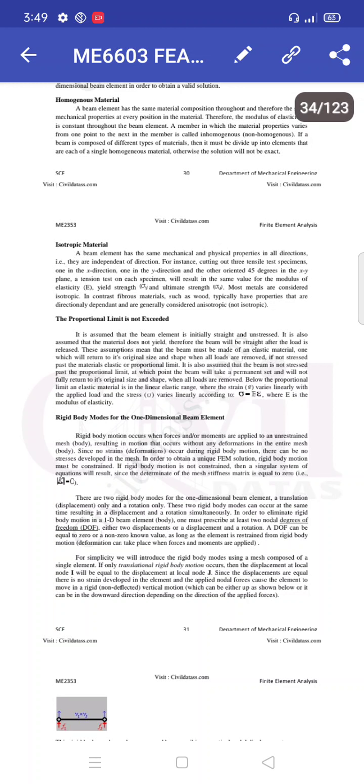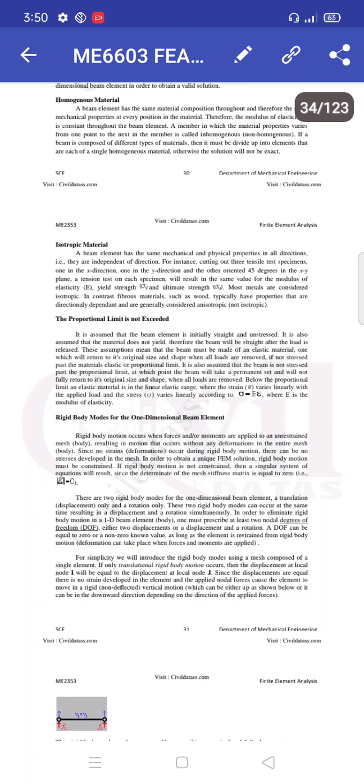For simplicity, we introduce the rigid body modes using a mesh composed of a single element. When translational rigid body motion occurs, the displacement at local node i will be equal to the displacement at local node j.